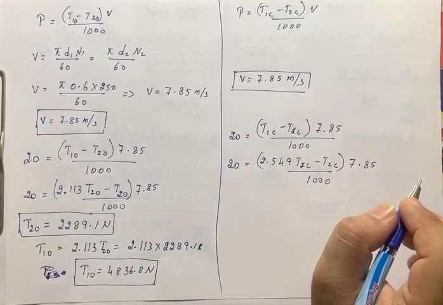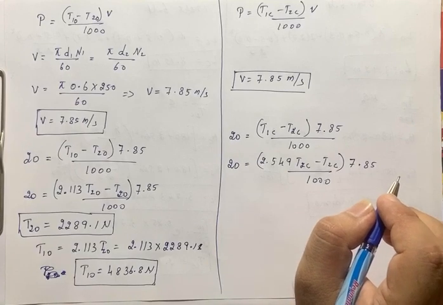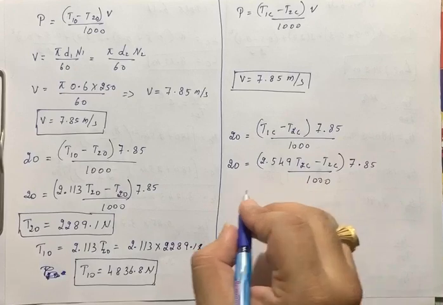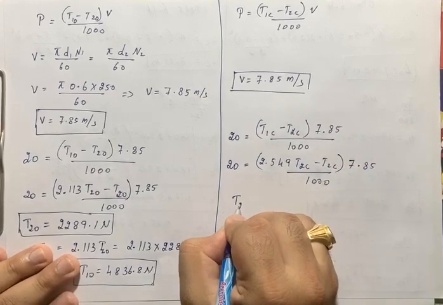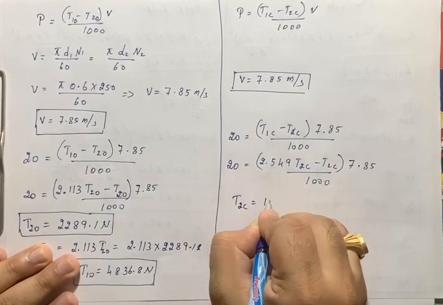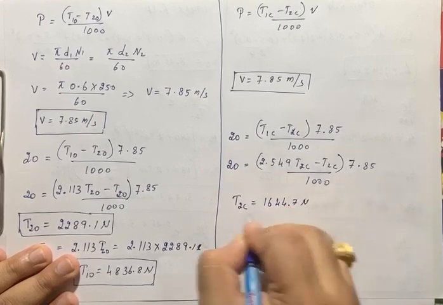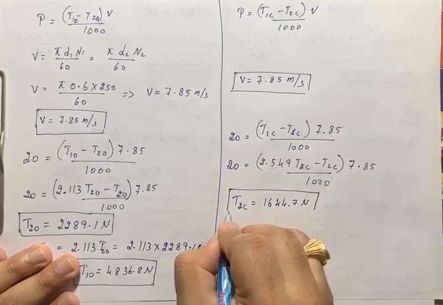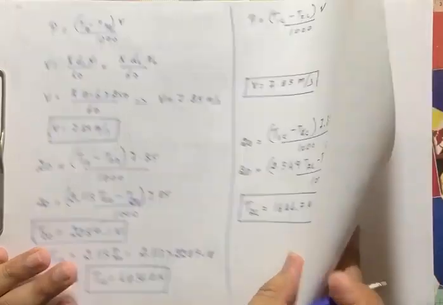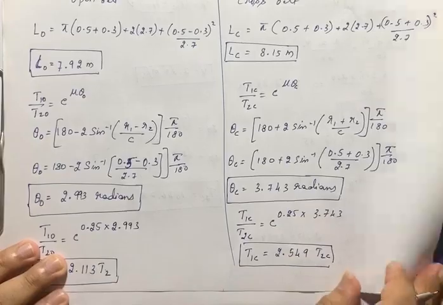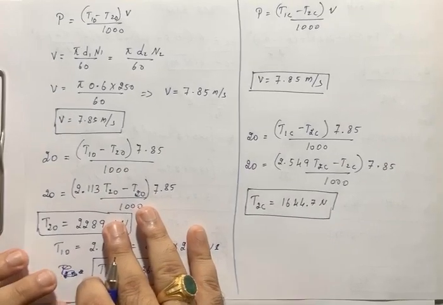So, the only unknown we have here is T2C. T2C is 1644.7 Newton. Again substitute T2C in this formula to find out T1C here.